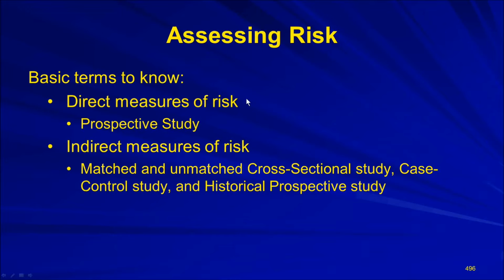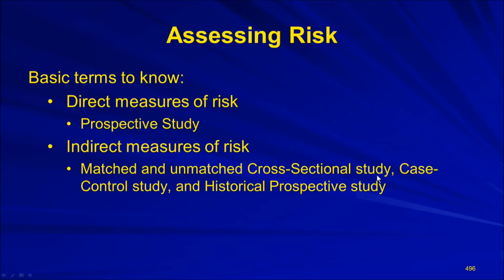Now, I mentioned that a prospective study has the most statistics. Okay? And with an indirect measure of risk in all these various study designs, we have one measure, one statistic that we do, or one outcome, I should say, because there's two different study designs for the matched and the unmatched cross-sectional study.